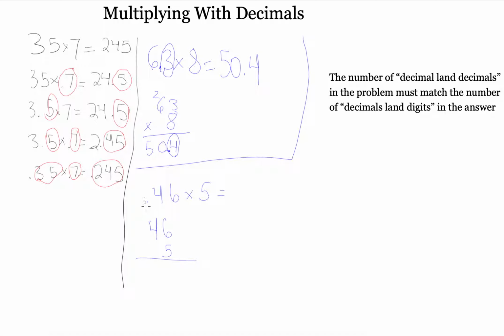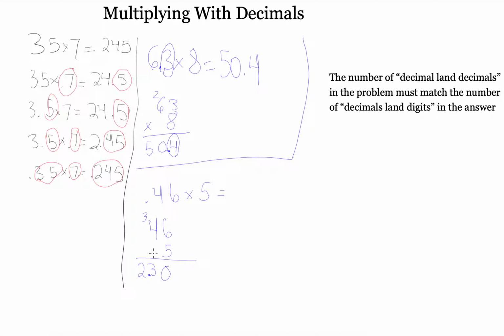So 6 times 5 is 30. And 5 times 4 is 20, plus 3 is 23. But I have two decimal land digits in my question, so I need two decimal land digits in my answer. So I'm going to put my decimal point right here. So now the 3 and the 0 are in decimal land.